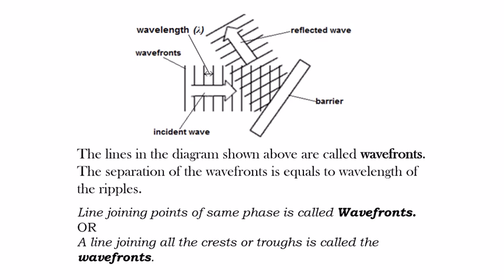So a line joining all the crests or the troughs is simply called a wavefront. The second property of a wave is called refraction.